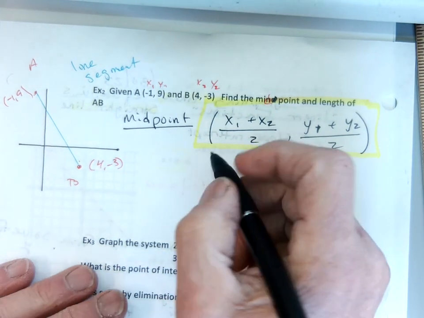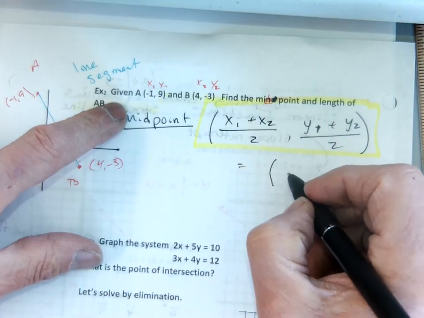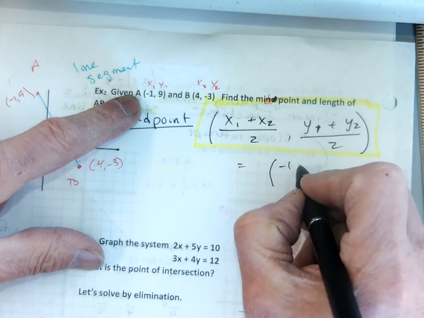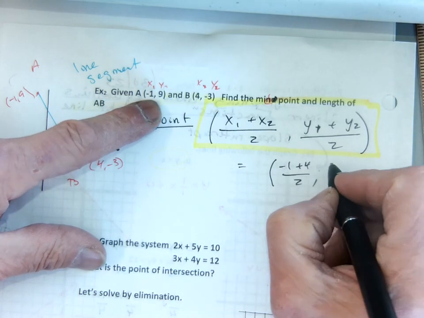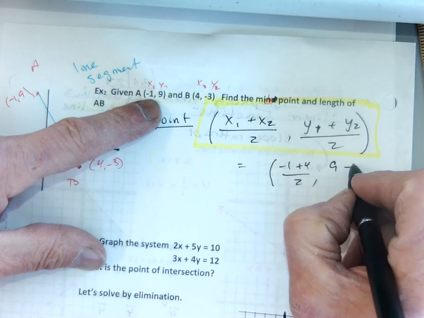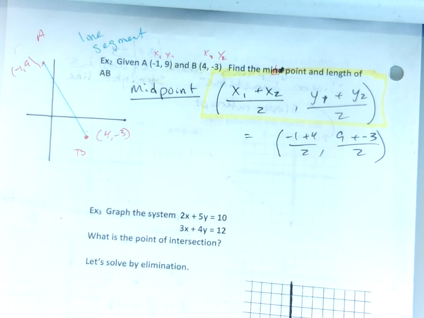So I'll have (-1 plus 4) over 2 comma (9 plus -3) over 2. All I did is add the x's, divide by 2. Add the y values, divide by 2.